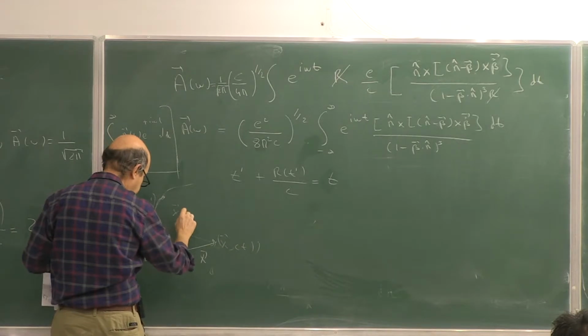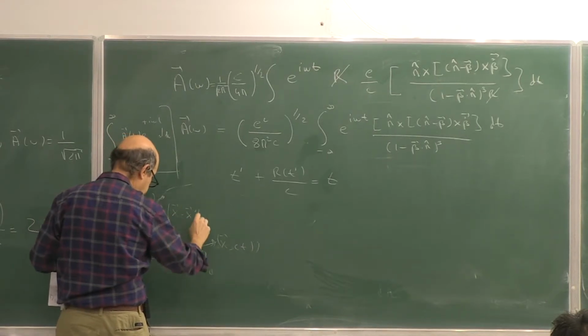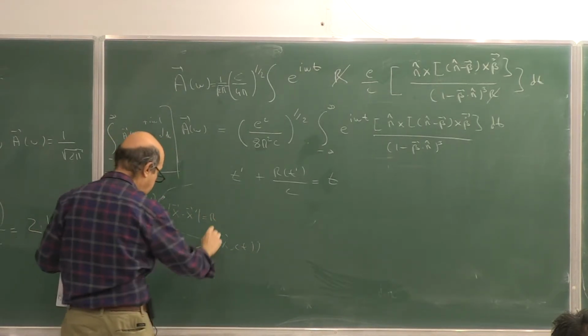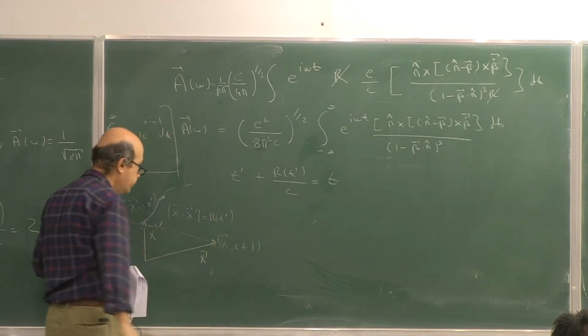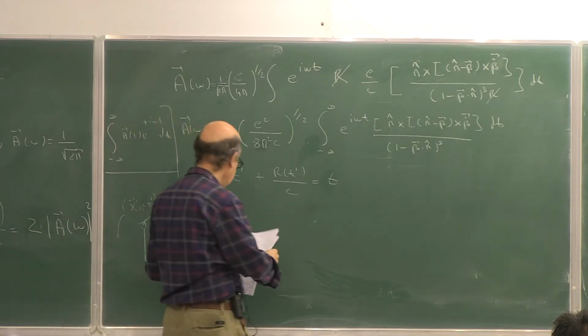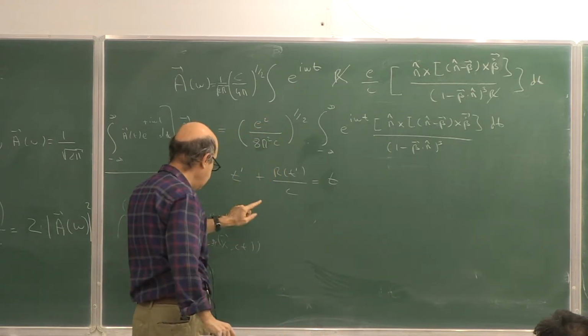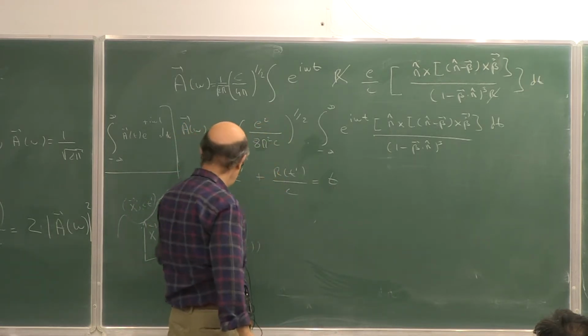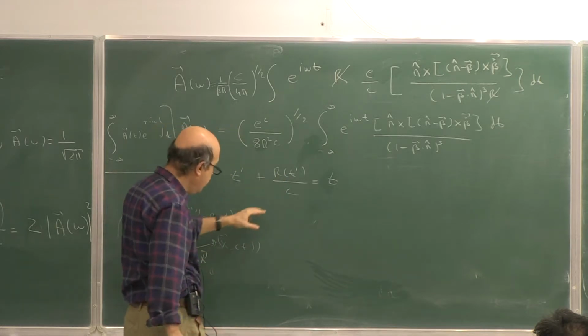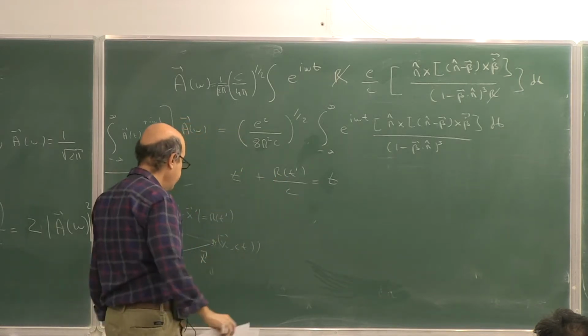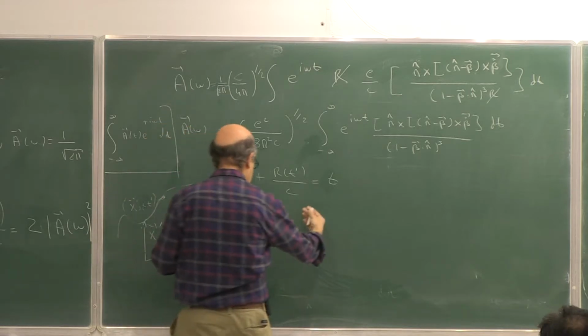So x minus x prime vector has the length of r, and r depends on t prime. So basically this is the t observed here. The radiation emitted at t prime propagates a length x minus x prime magnitude with the speed of light in the vacuum.